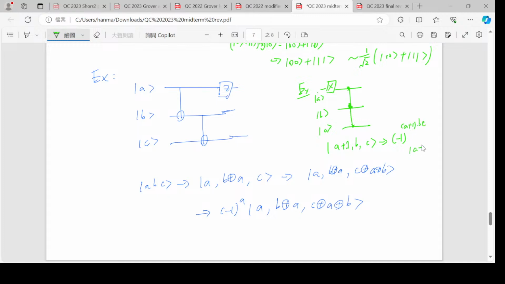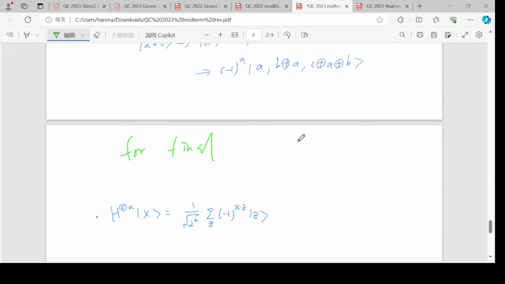That's an example of how you calculate circuits.